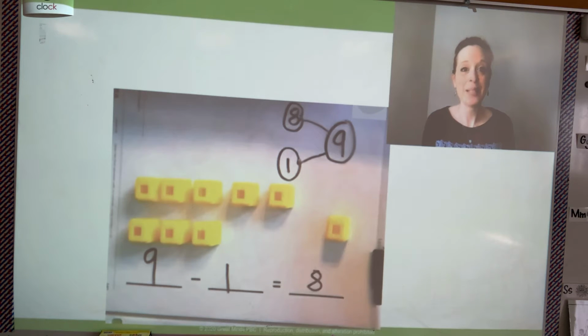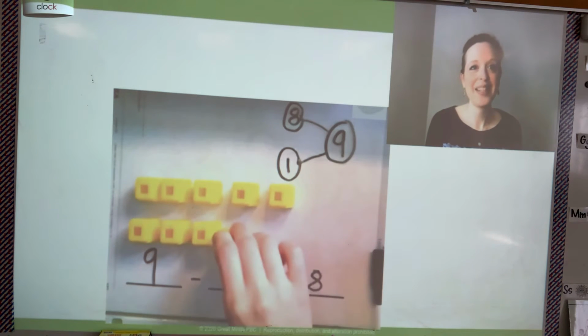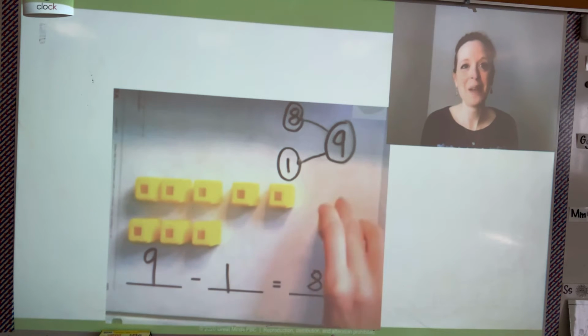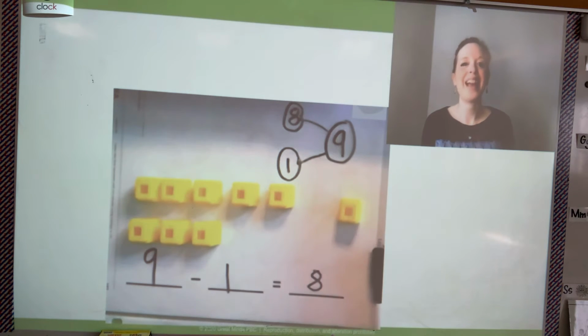Let's say our number sentence all together like that. Ready? Go. 9 minus 1 equals 8. We started with 9, we took away 1, and there are 8 left all together. Great job, friends.